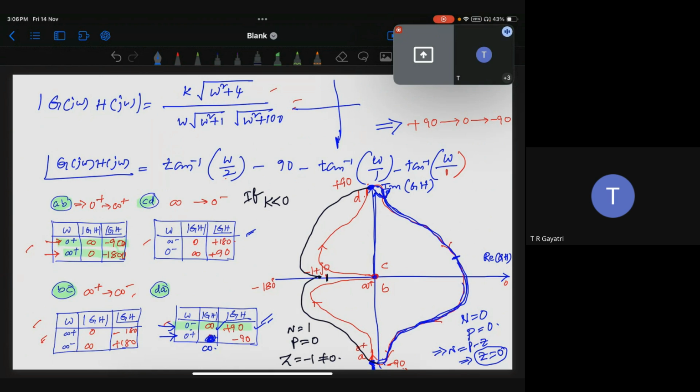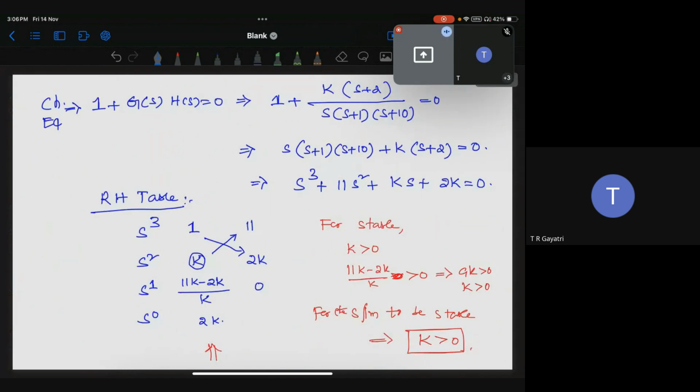Sir, where are we marking k on the graph right now? On the plot? We did not mark that, because we have not done the step of making the imaginary part equal to 0 and the real part 0. If you do that, you will get nice values. But what this RH criteria says is that for the system to be stable, k must be greater than 0.